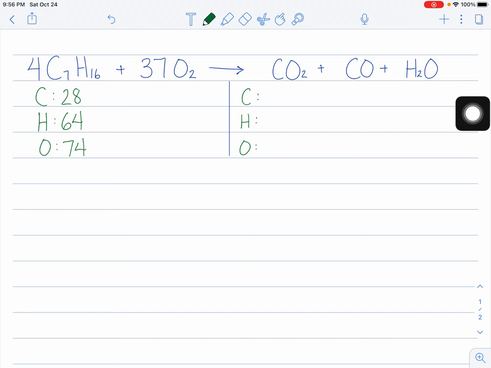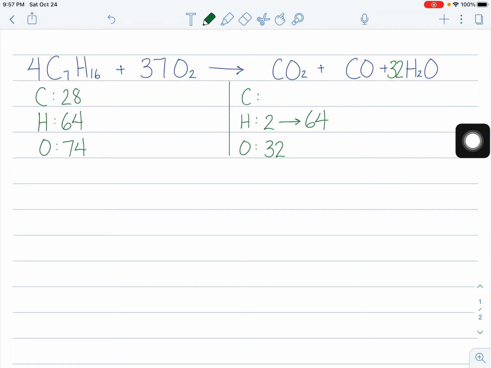Every water has 2, so I'm going to have 32 molecules of water, which will give me 64 atoms of hydrogen. And from each water, I have 1 oxygen and 32 of them. So I know that I have 32 atoms of oxygen coming from water. So the remaining atoms of oxygen to total 74 will come from carbon dioxide and carbon monoxide.